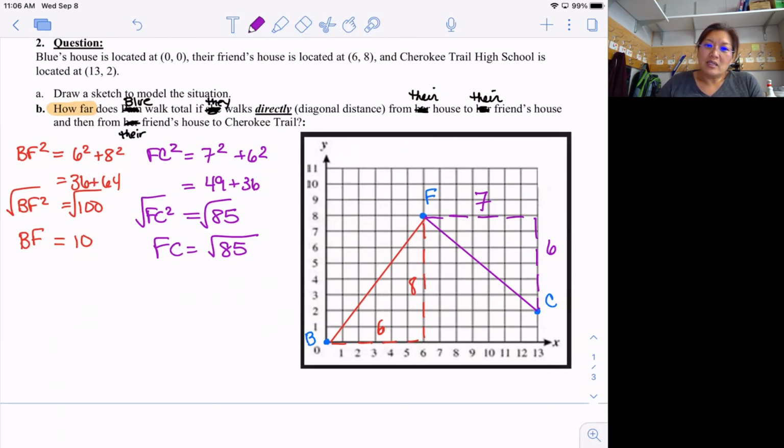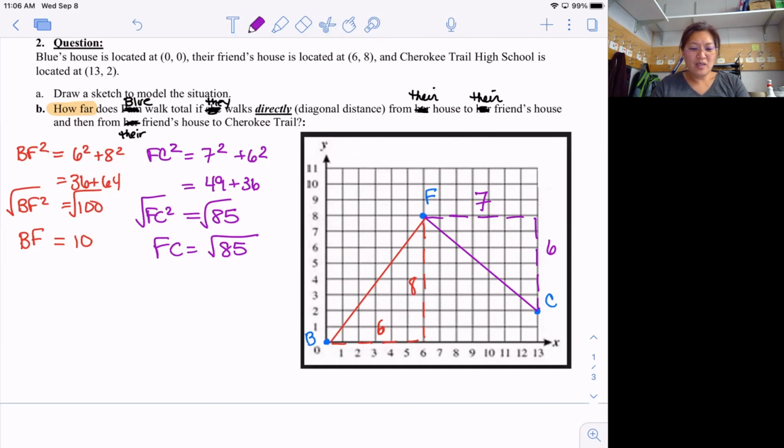So based on this, since it is a real life problem, it's pseudo made up, but it's a real life problem, I actually want to use a decimal approximation. It doesn't make sense to tell somebody, go walk square root of 85. That doesn't make any sense. But it does make sense if you tell somebody to walk whatever the square root of 85 is, and I'm pulling out my handy dandy calculator while I'm stalling for time.